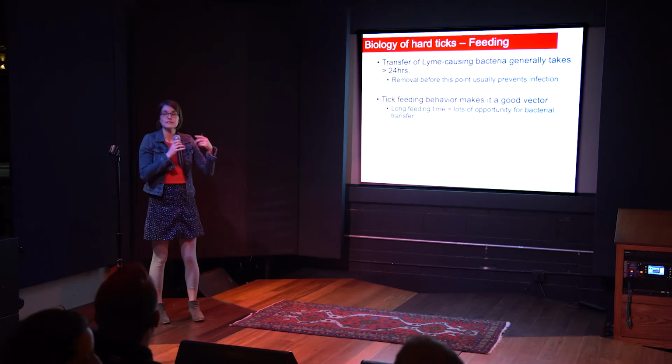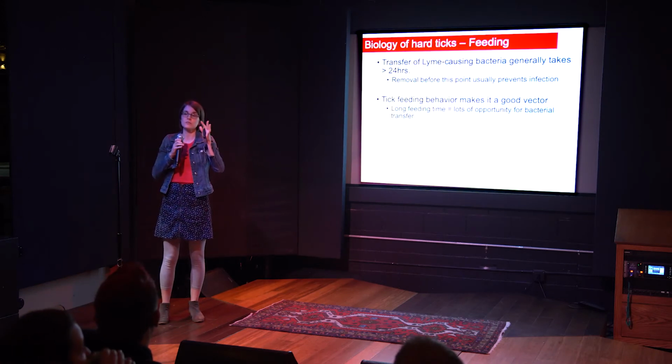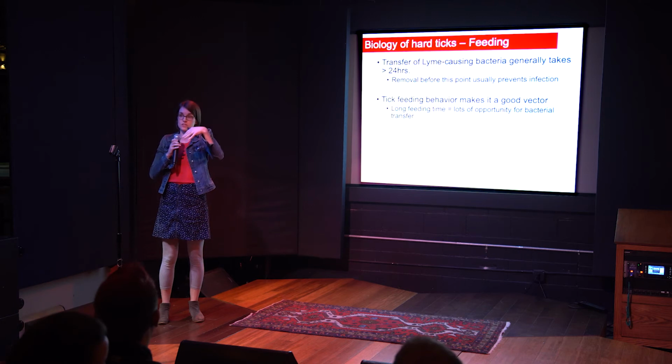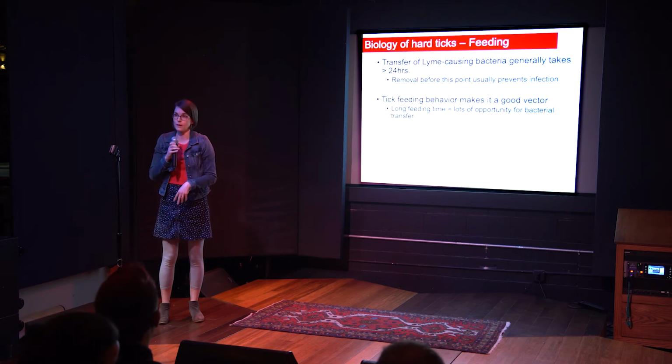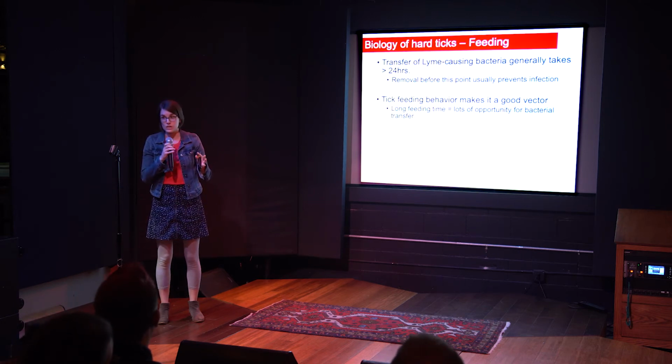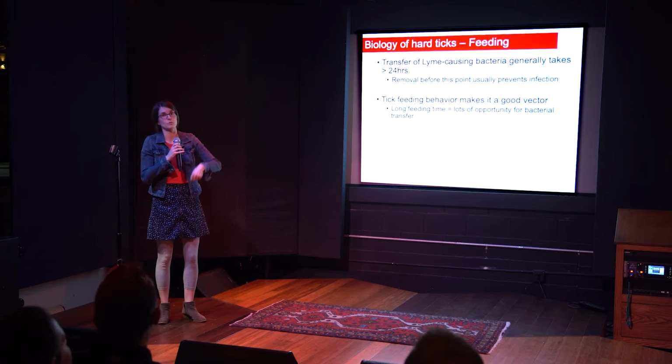So it takes about 24 hours, give or take, for Lyme disease causing bacteria to actually get spit into your body, although that number is a bit squishy. But generally, if you remove a tick before 24 hours, it serves to prevent Lyme disease. It definitely reduces the probability that you're going to get Lyme disease.